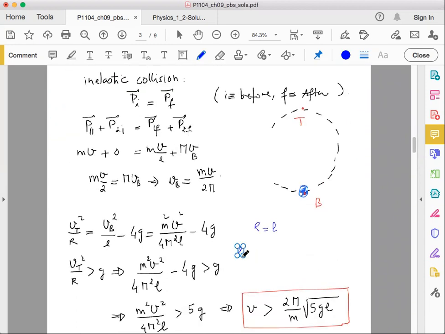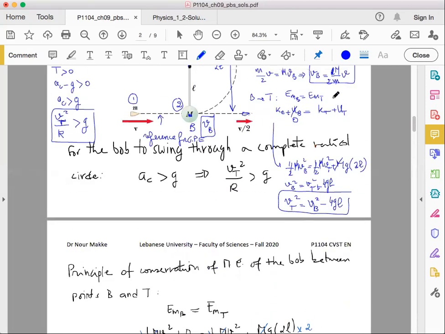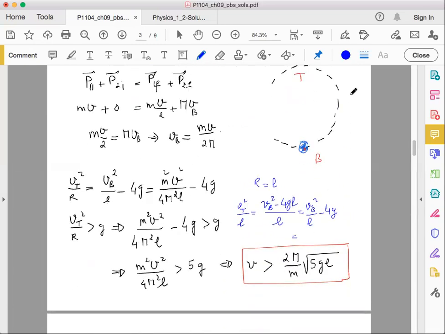So we end up with VT squared over R. R is nothing else than L, so VT squared over L is given by, VT squared is given by VB squared minus 4GL divided by L. So we end up with VB squared over L minus 4G. And now we have to replace VB by its value. So again, VB is given by m over 2m times V. So VB squared would be equal to m squared divided by 2m becomes 4m squared, right?